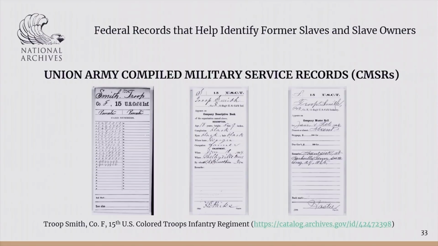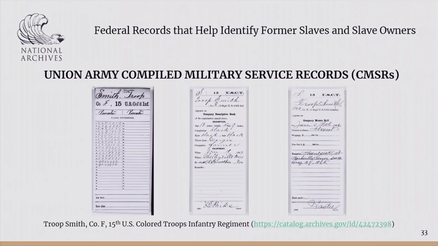And in the middle image, I give you the company descriptive book, which indicates his age as 18 years, and it also gives his physical description in terms of height, complexion, eye color, and hair color. It indicates he was born in Georgia, which could be helpful, and indicates when and where he enlisted. So it's another point in the timeline of his life where he was at the time that he enlisted.